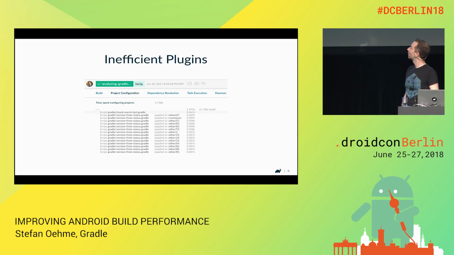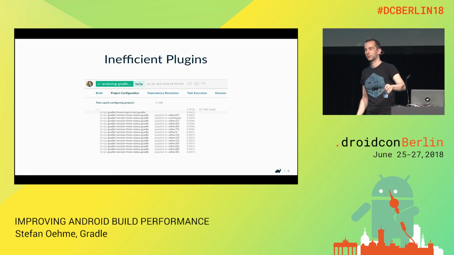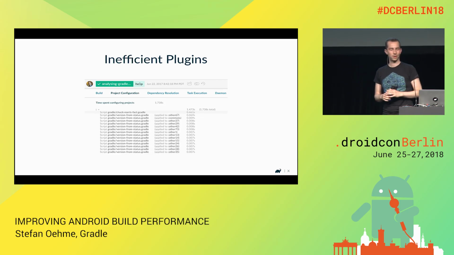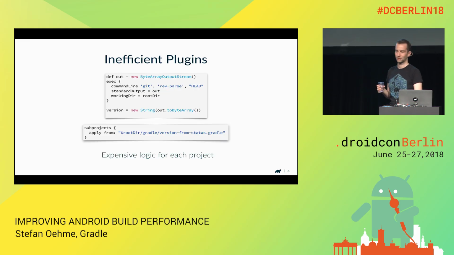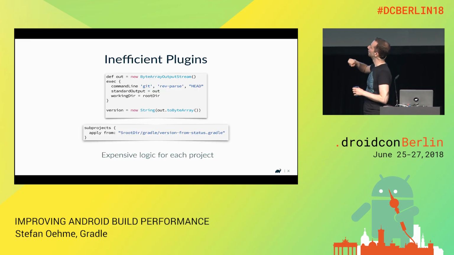Or what I also often see is getting the version by parsing the current Git revision. And what often happens is that people do this for every subproject. So you might see code like this. Do some exec command to get the current Git revision, and then apply that to every subproject.